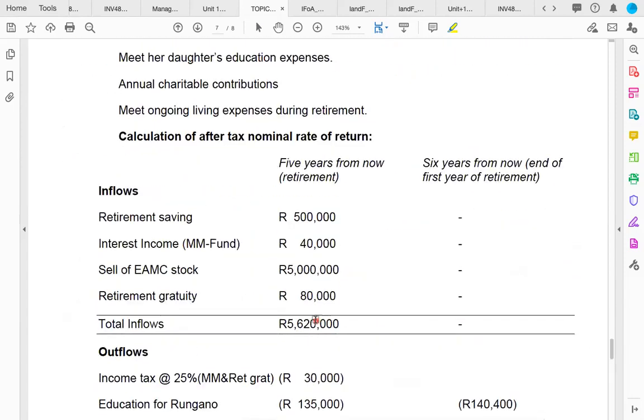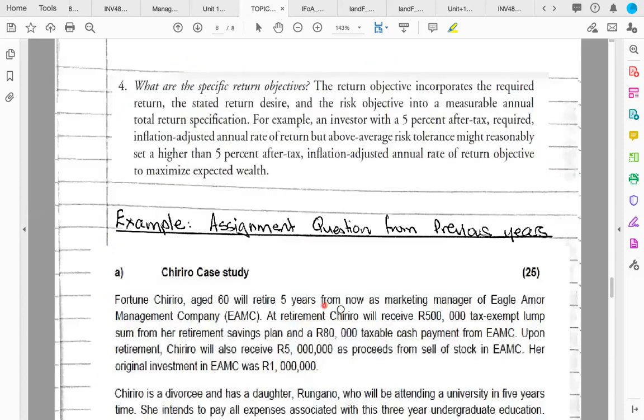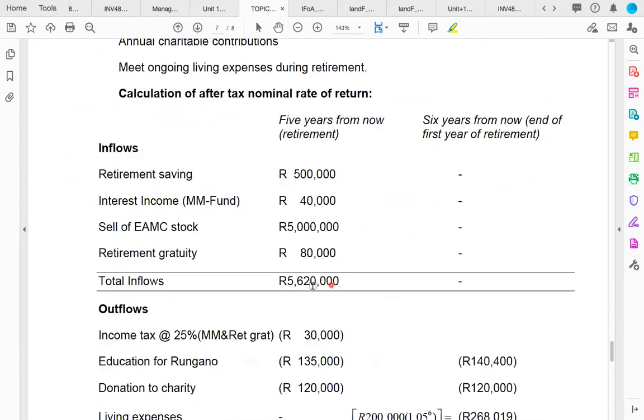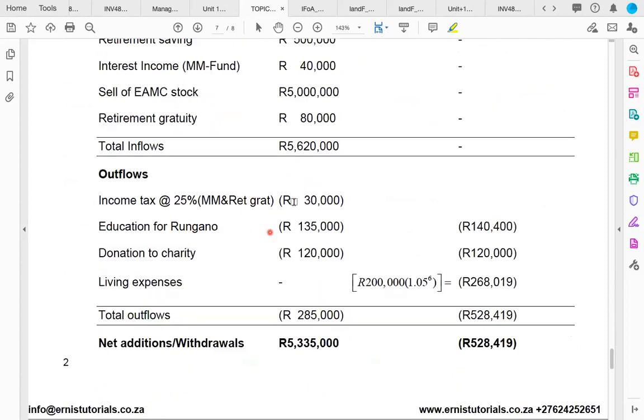So these are all inflows that are going to happen at the beginning of the year when she retires. She's going to get some money from her retirement savings, some interest income from her fund. She's going to sell some of her shares, and then she's also going to receive a retirement gratuity of 80,000. So if we add all those up, that gives us the total inflows. And then we can get the outflows.